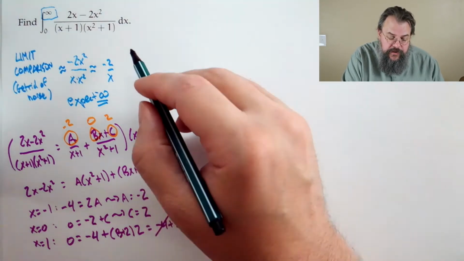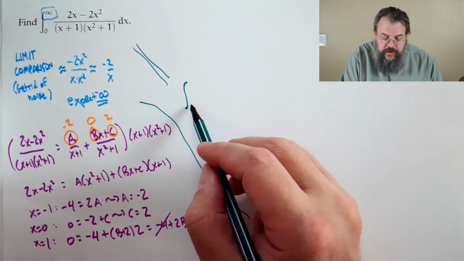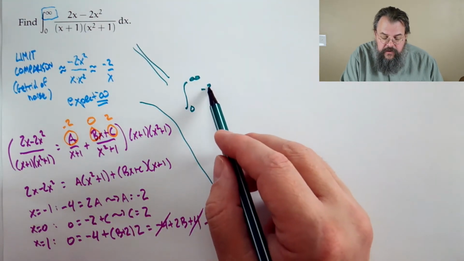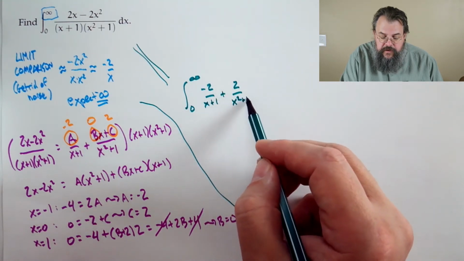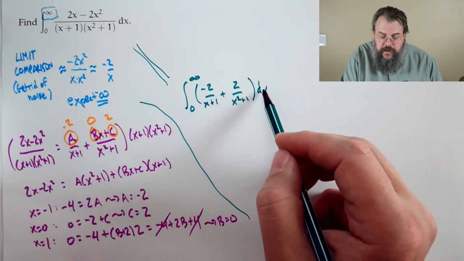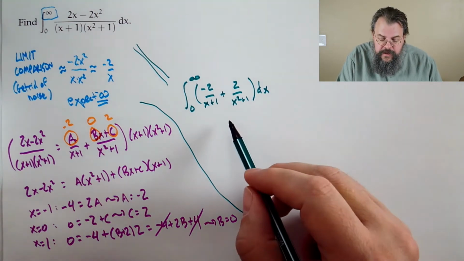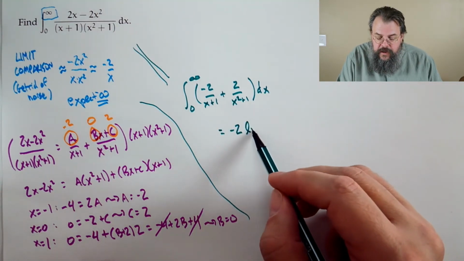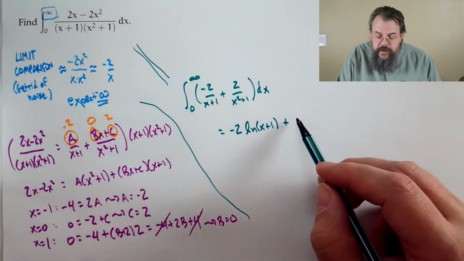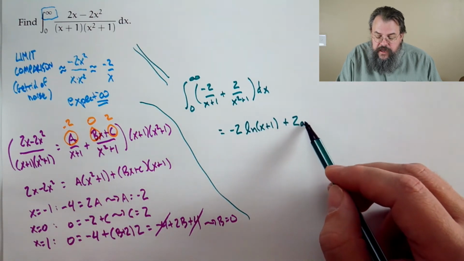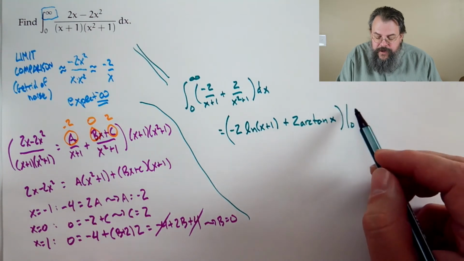We did our partial fractions, so this becomes the integral 0 to infinity of minus 2 over x plus 1 plus 2 over x squared plus 1. Well, that's not so bad. We actually know how to integrate these things. So, what is this? This is minus 2 log of x plus 1, and then the integral of 1 over x squared plus 1 is arctangent. What a great integral. One of the top 5 integrals probably of all time.